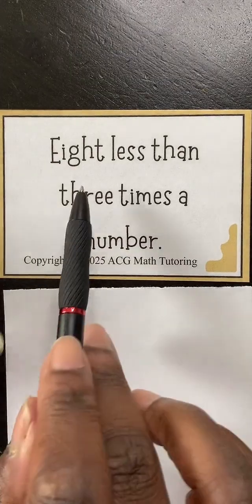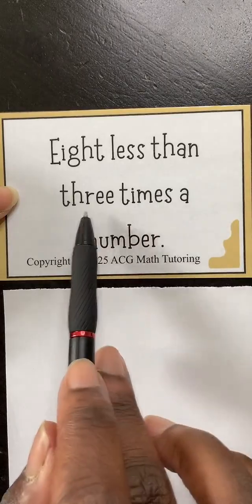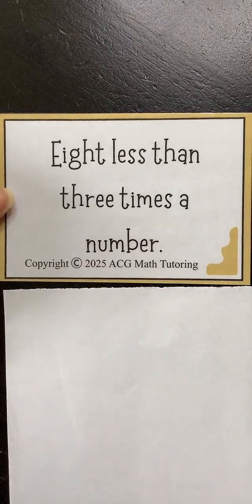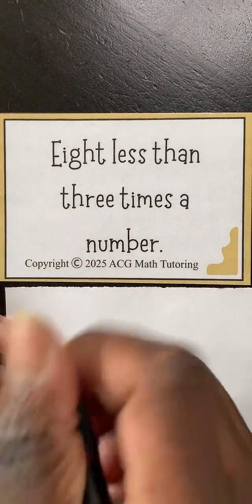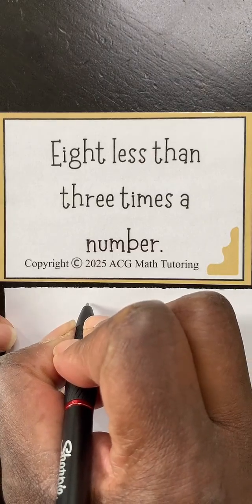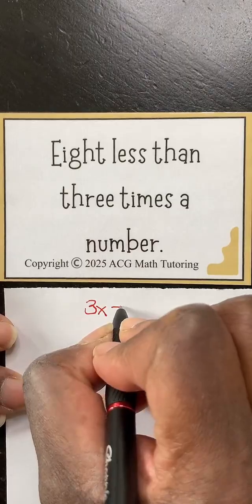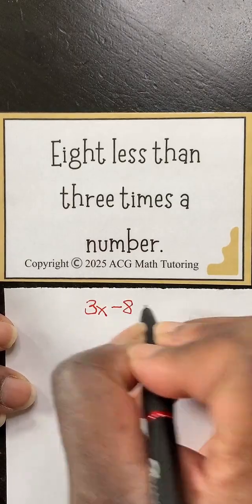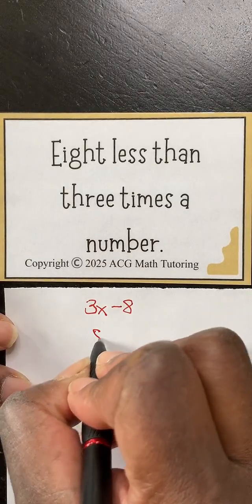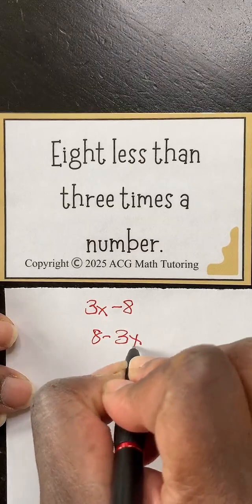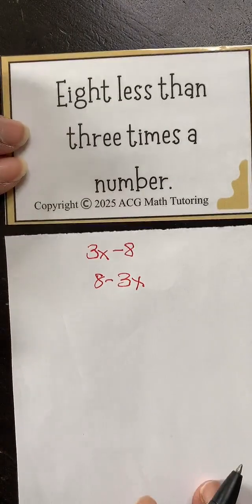So I know it reads 8 less than 3 times a number, which a lot of you guys are right on. Many of you gave me 3x minus 8, it doesn't matter what you use for the number, but some of you gave me 3 minus 3x, or 3n, whatever the letter.